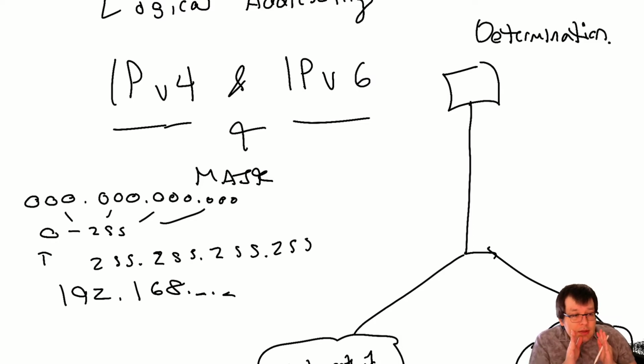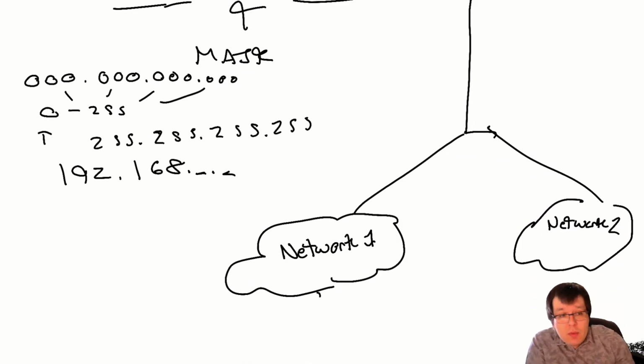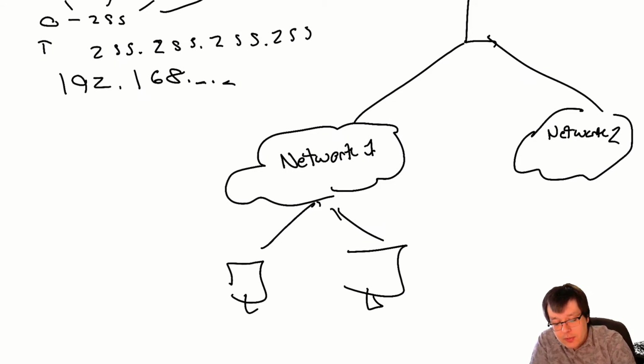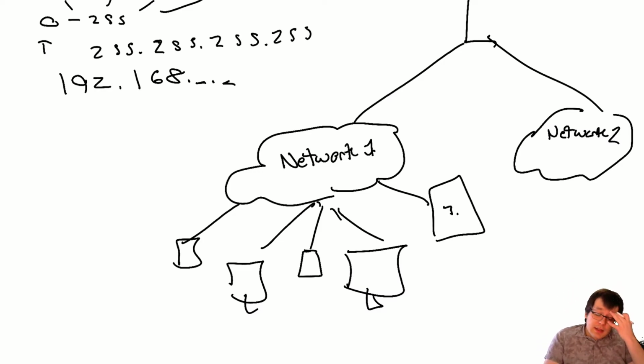So you get the IP address, it arrives at the network, and then within the network you need to figure out where to send it, because a network might have multiple devices. You have computer 1, computer 2, you might have a mobile phone, another phone, you might have your refrigerator, etc. So the network needs to have an address as well to figure out where to go.